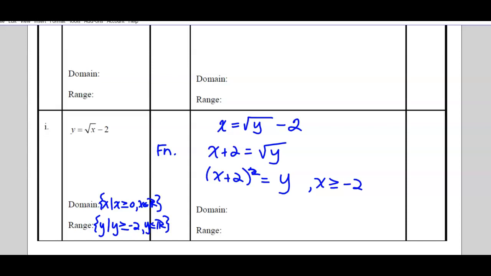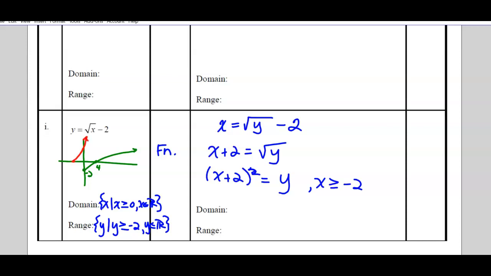If we do a little sketch of what this looks like, root x minus 2 would be kind of like that. This would be 4 here. Square root of 4 is 2, minus 2 is 0. This is -2 here. If we think about what this looks like from our Math 20, -2, 0, and 4 here.